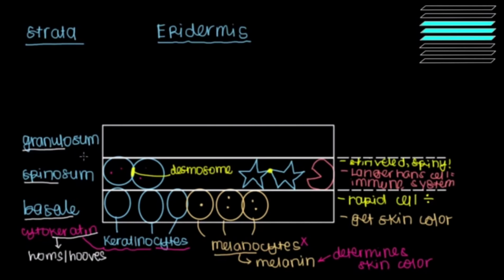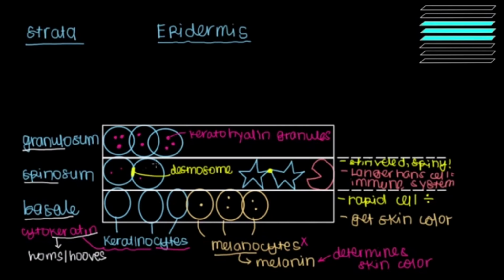Granulosum means granular layer, and this layer of keratinocytes is composed of a lot of granules, which is very apparent under the microscope. These granules are called keratohyalin granules.